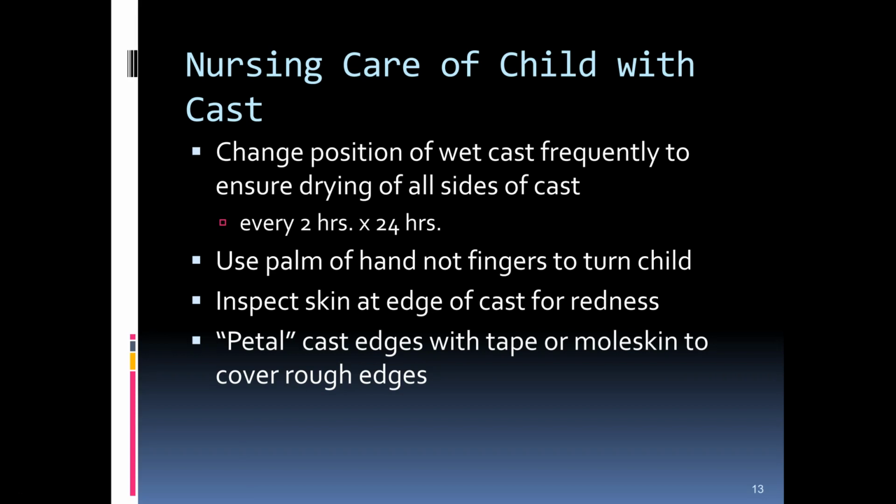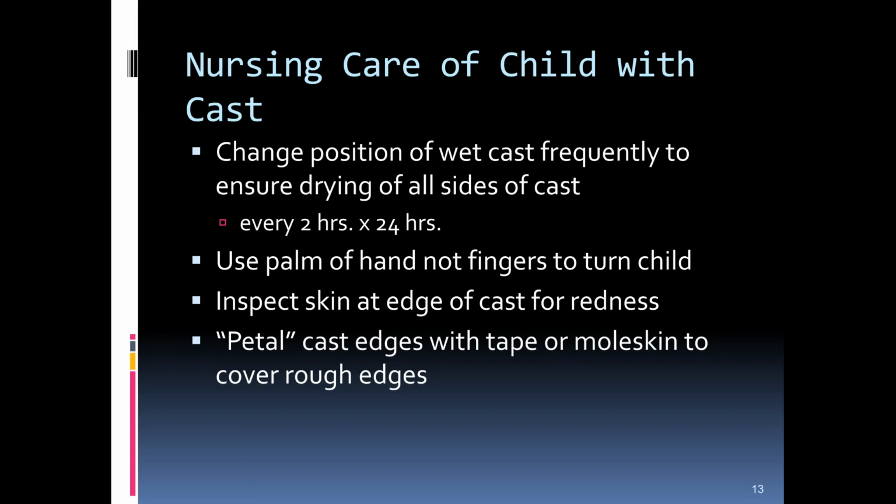This also applies to casts that are all the way up to the groin. So you want to petal, basically like flower petals, where you're going to literally fold back the edge of the cast so that it's not touching the diaper or groin area. You can also put some moleskin under there to cover those rough edges, because obviously when you petal them, it's going to be rough on the end.